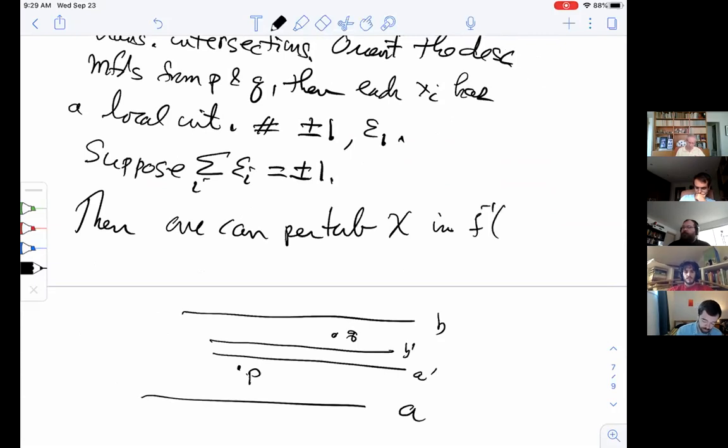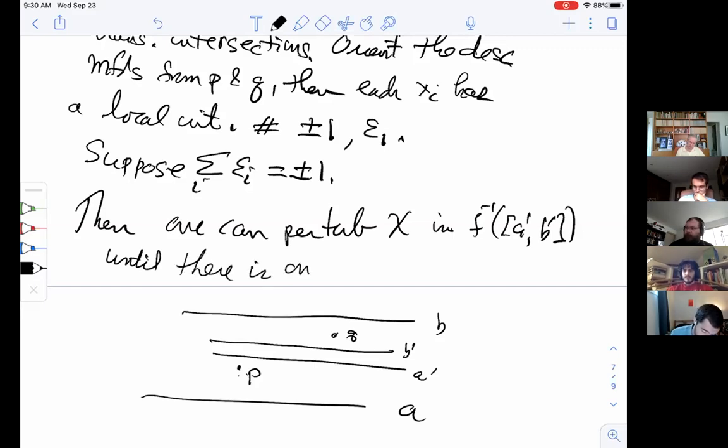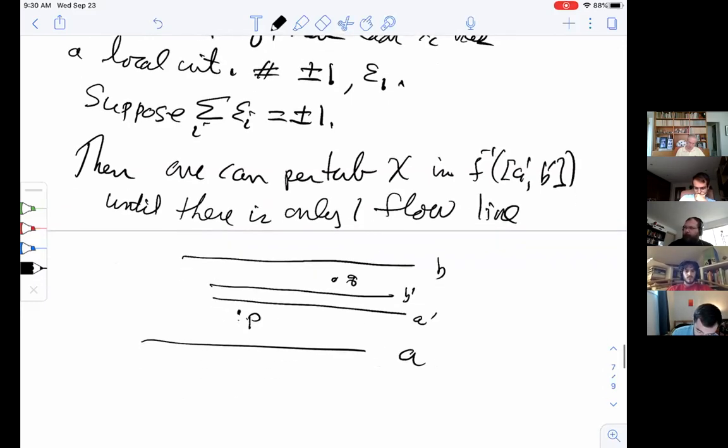You can perturb this gradient-like vector field in some product region intermediate between f of P and f of Q until there is only one flow line, and it is a transverse flow line.